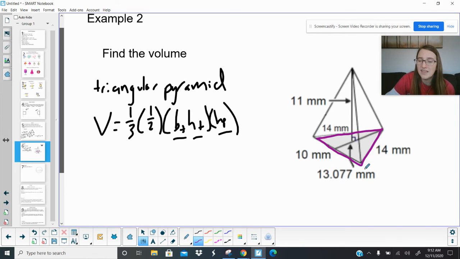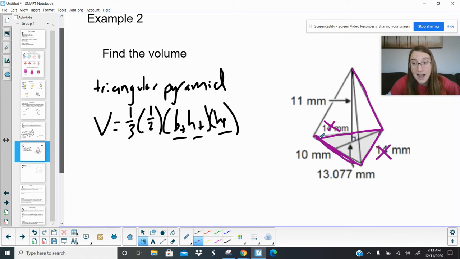What are the base and the height of this triangle? 10 is the base, and 13.077 is the height. If you see any measurements along the slant, we don't need it. Any slanted measurements we don't want, and that's what this is.